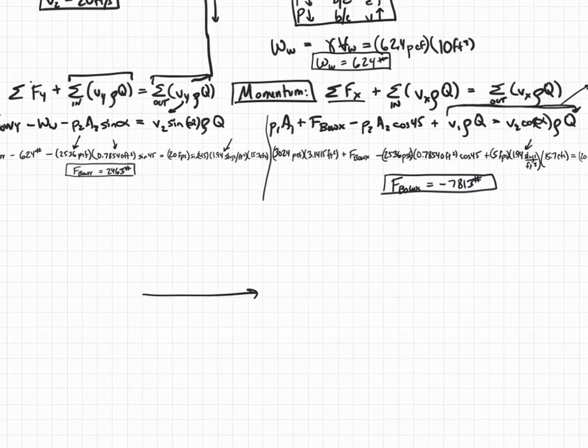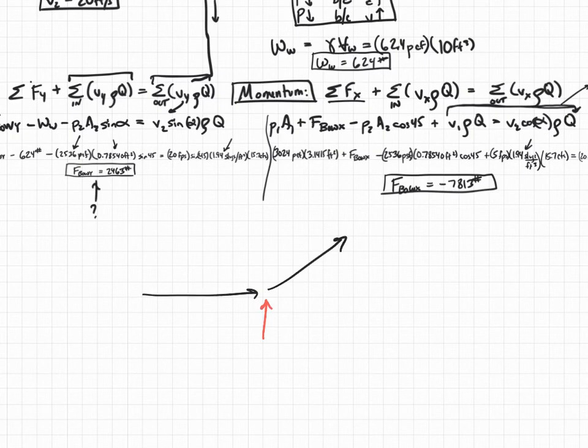Okay, so now before I continue, I want to see if those two forces make any sense to you. We had water coming from left to right, and now we have water that's doing this. Does that make sense that the force would be upwards? The force of the bend on the water. Yeah, right? There has to be some kind of push here to make it go upwards. And then what about this one?